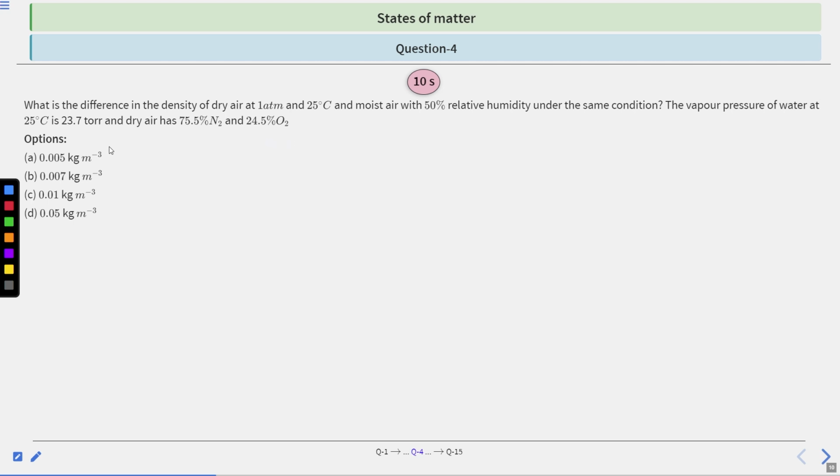So options are 0.005 kilogram per meter cubed, 0.007 kilogram per meter cubed, 0.01 kilogram per meter cubed, or 0.05 kilogram per meter cubed. You have 10 seconds to solve this question. After that, we will see the answer.